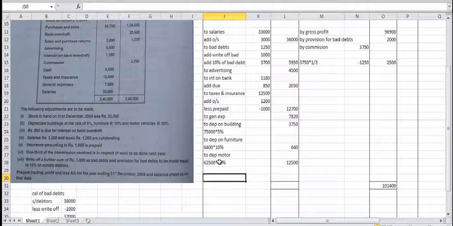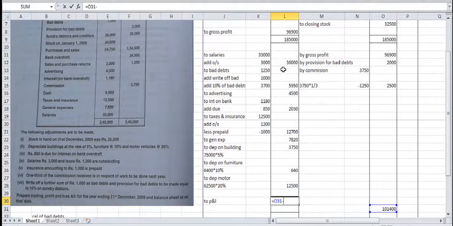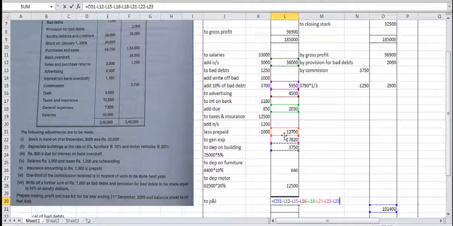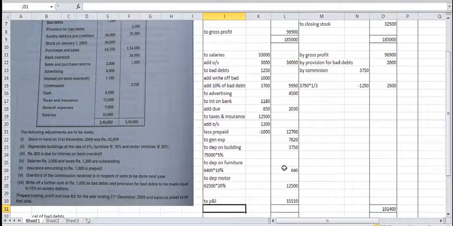Here write to P&L. To P&L amount is this total amount. From this you have to deduct salaries and minus this one, again and again. Now you will get 15,510. 15,510 is the answer you will get to profit and loss account.